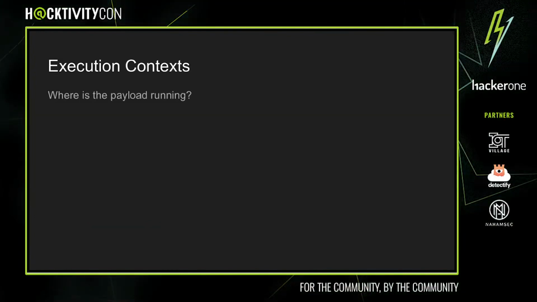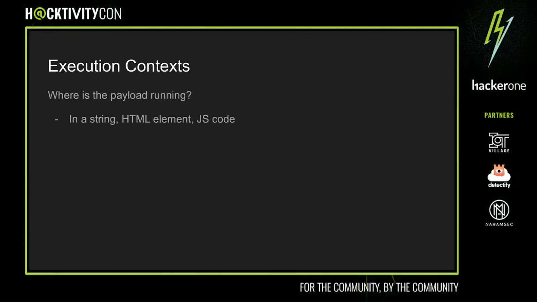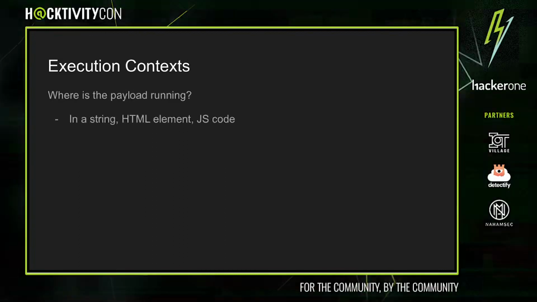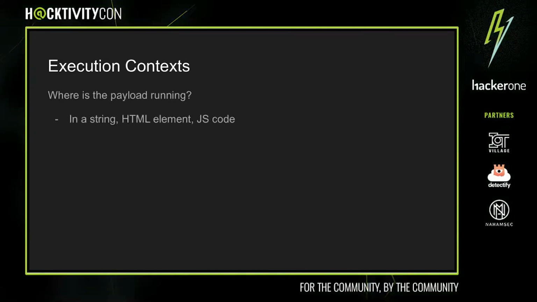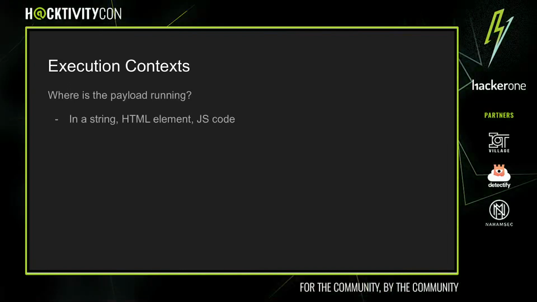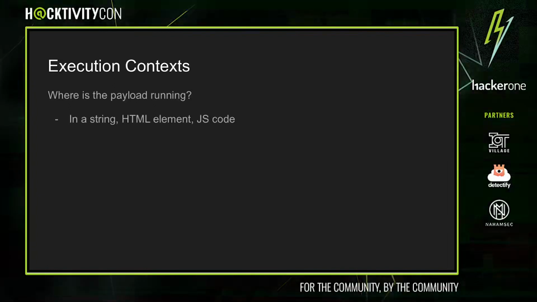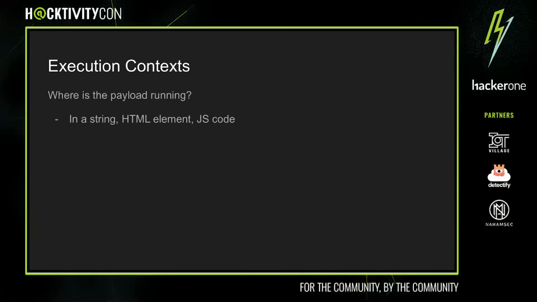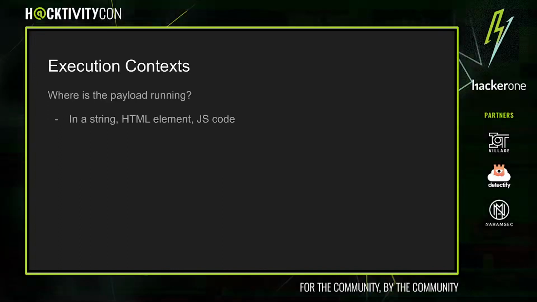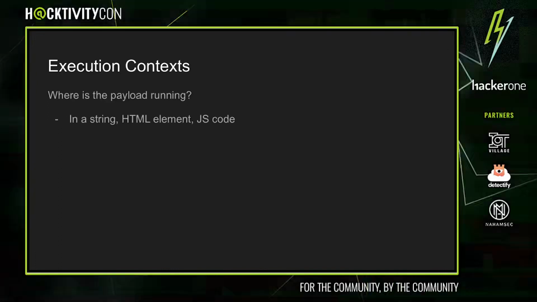Another useful strategy that WAFs employ is the execution context. This looks at where the payload is actually running. For example, an injection that is inside JS code could probably be handled very differently from a plain HTML injection. Similarly, if we're injecting inside an attribute, for example, of an input element, that would also require a different payload to escape.